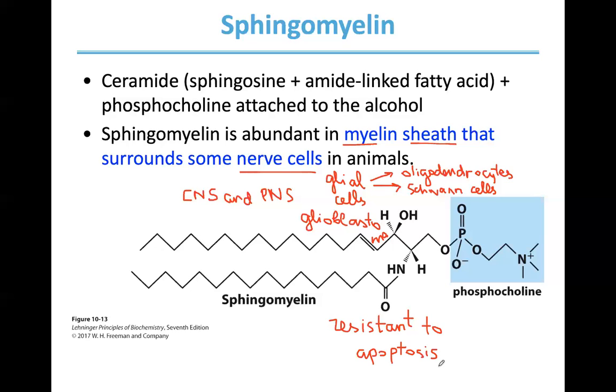And so majority of chemotherapy induces apoptosis in cancer cells, but the chemotherapy does not induce apoptosis in glioblastoma cells. And so the compounds we work with in the lab, they do not induce apoptosis. They actually induce a different type of cell death known as paraptosis.